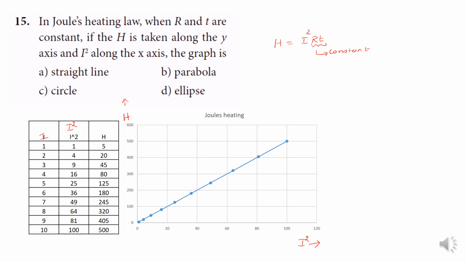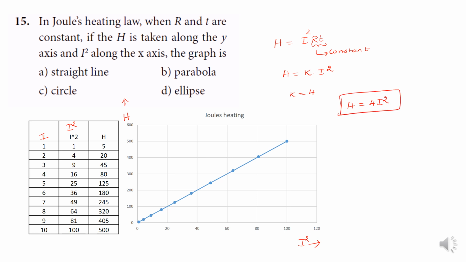So H can be written as some constant K into I square. This K could be any number. I have taken K as 4, just for illustration. So H is equal to 4 into I square.